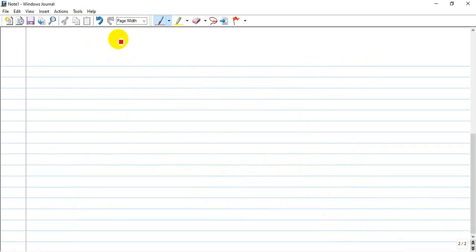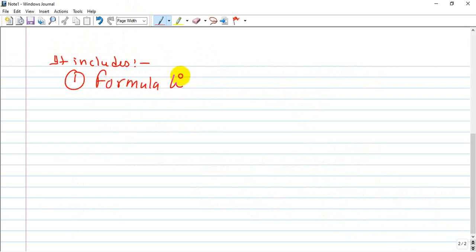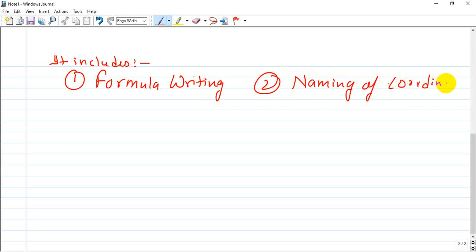Now, this nomenclature basically includes formula writing, and the second one is naming of the coordination complex. Okay, let's start quickly.